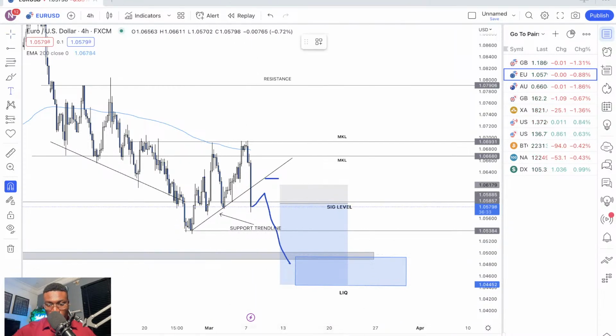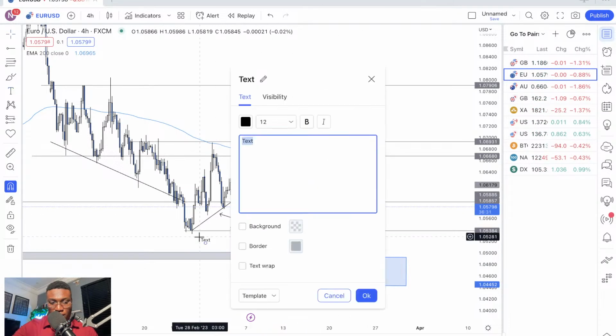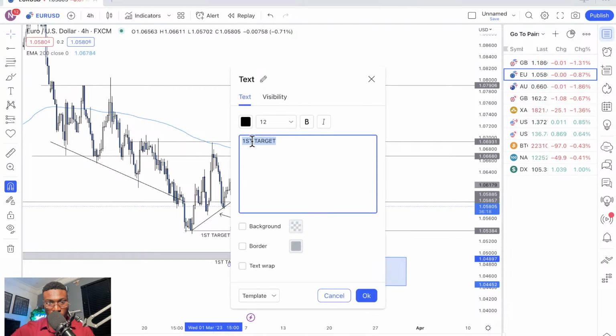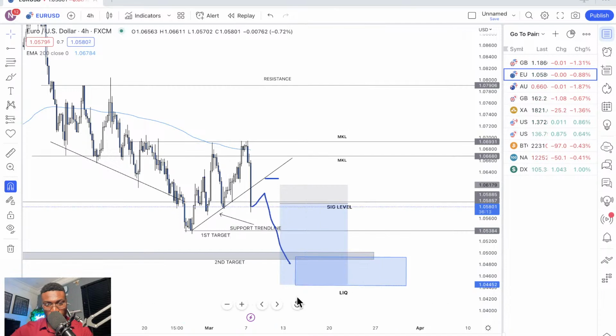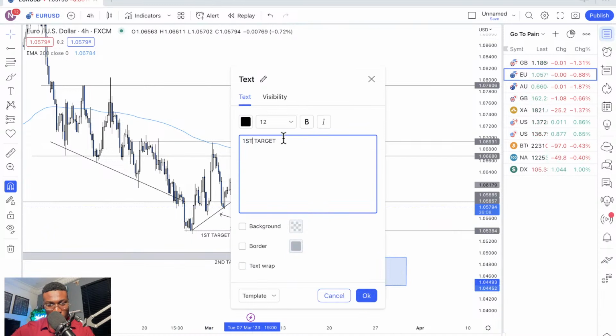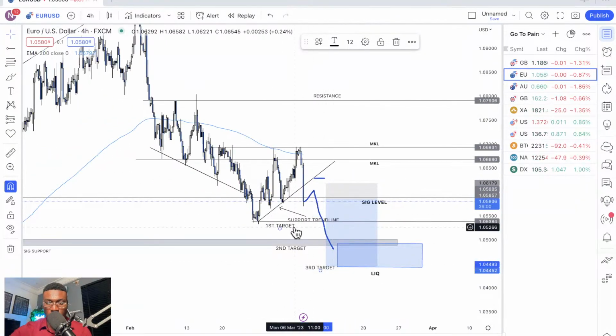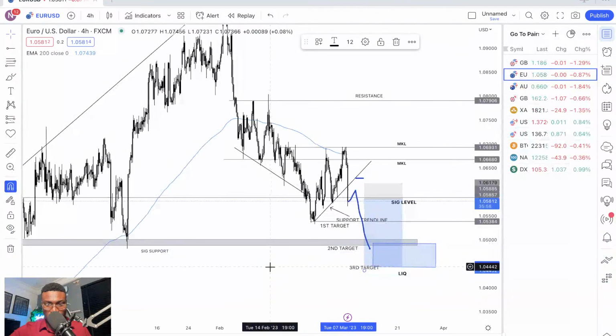Let me just indicate that as well. So you can use these levels as your targets.